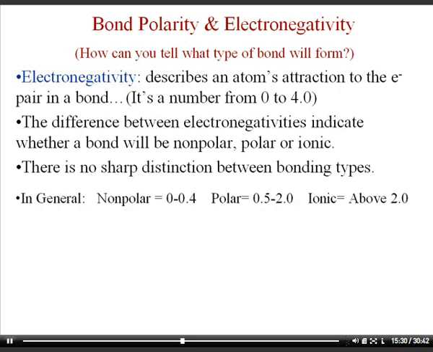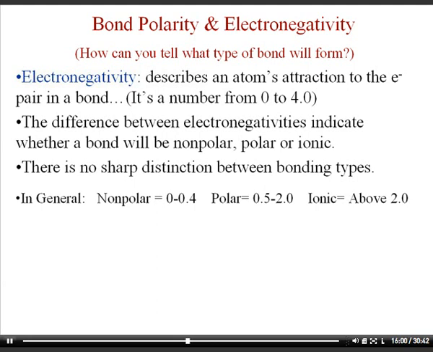And there's no real sharp distinction between the bonding types, so even though it says here on the screen that a nonpolar bond would have a small difference between the electronegativity up to a difference of 0.4, there's not really a definite split between a bond being nonpolar and a bond being polar. So even though it's 0.4 and then polar starts at 0.5 all the way up to 2, and then it kind of transitions to ionic from any electronegativity difference above 2.